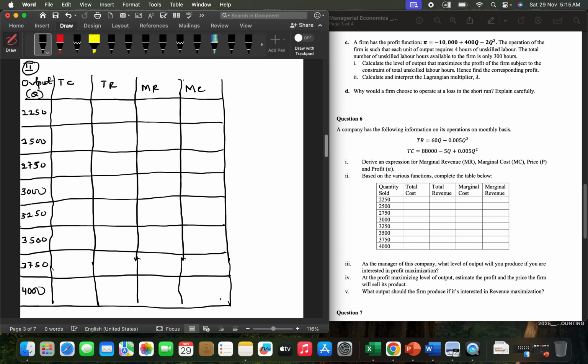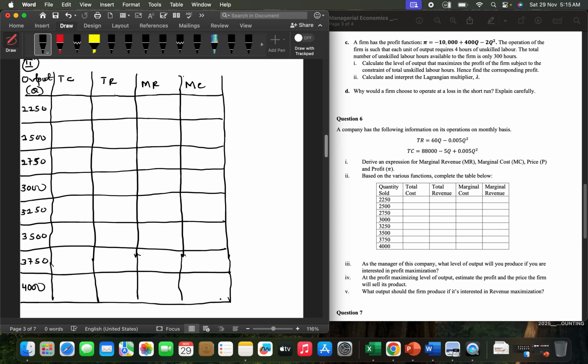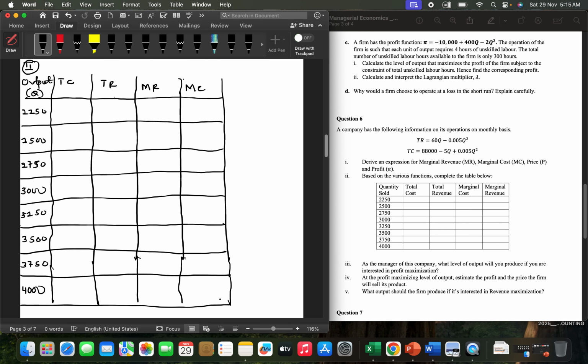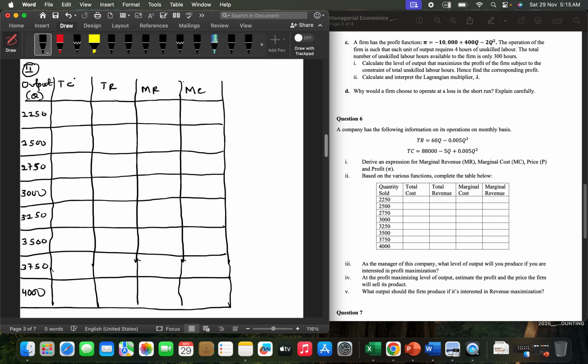Okay, so this was the table provided. You are asked to calculate total cost, total revenue, and marginal cost. If you want to calculate the total cost column, you pick this total cost function.